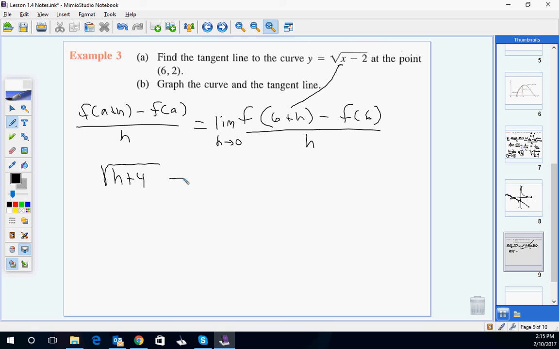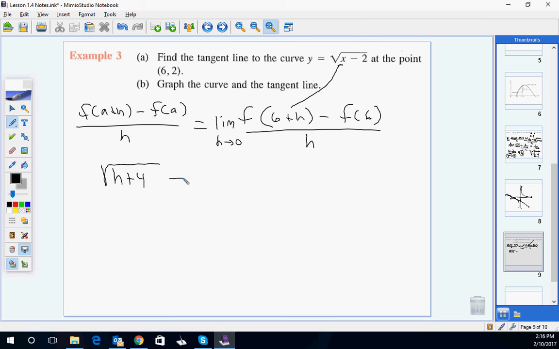So f of 6 plus h means I take this chunk, I put it for an x. Yeah, 6 plus h in here. 6 minus 2 is 4. So I have an h plus 4 left. That's the formula in the red box. It's always going to be 0.